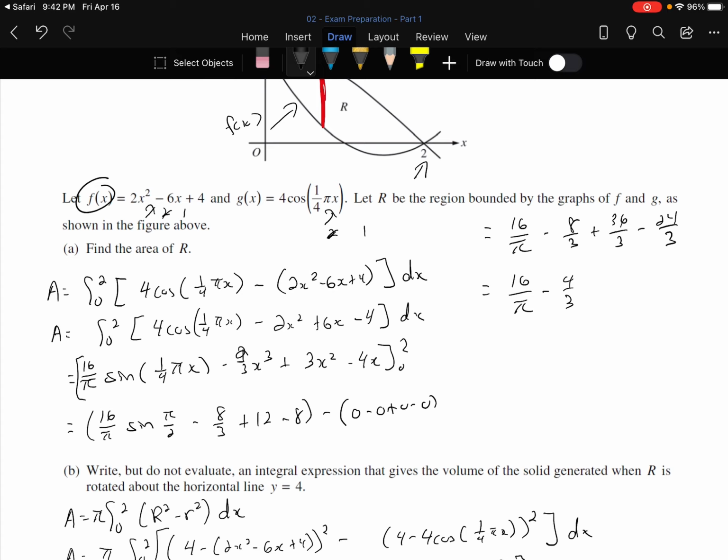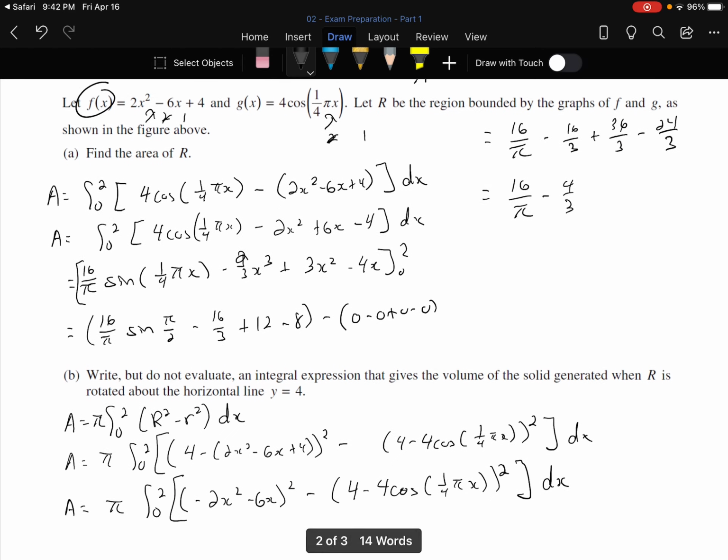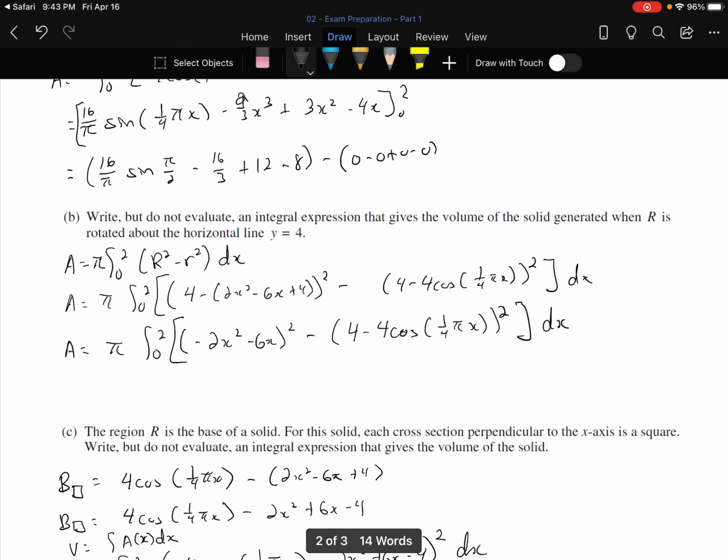Maybe you saw that mistake as you were watching the video. So let me fix that up. That's going to be a minus 16/3, and that's going to be a minus 16/3. And so then I get the negative 4/3. I noticed that mistake; I knew it was supposed to be subtract 4/3 there.